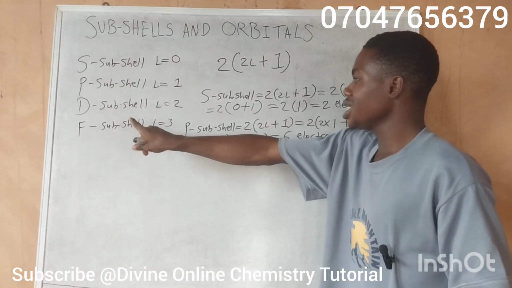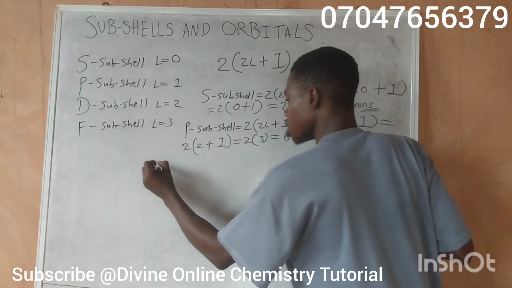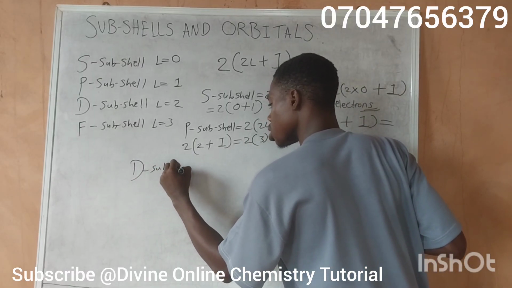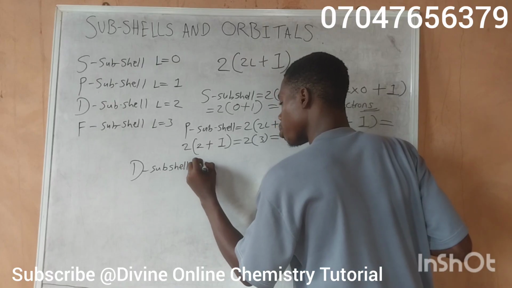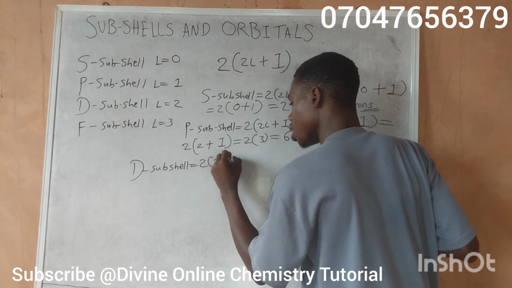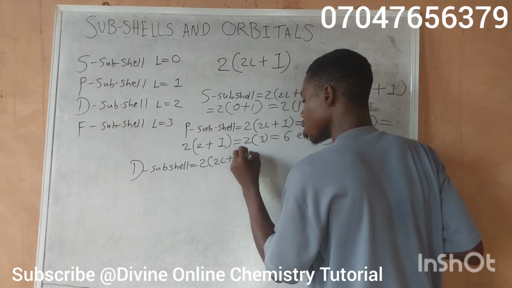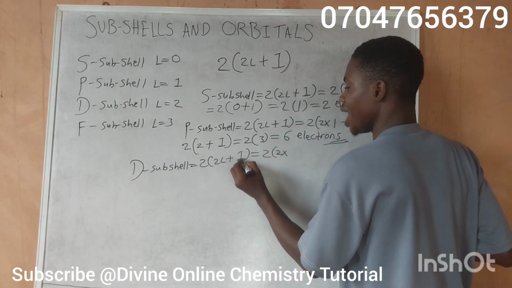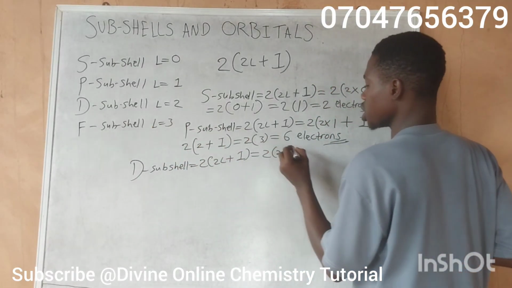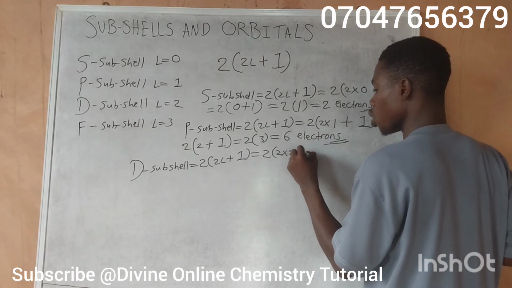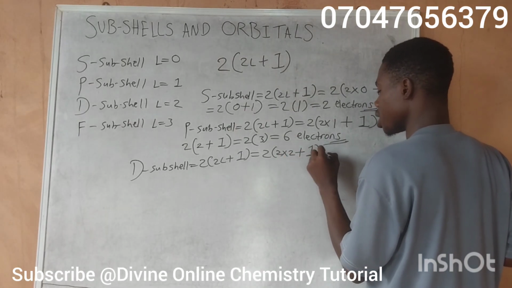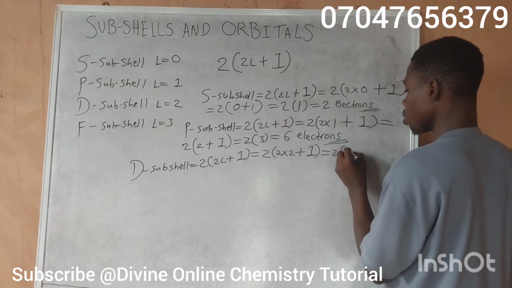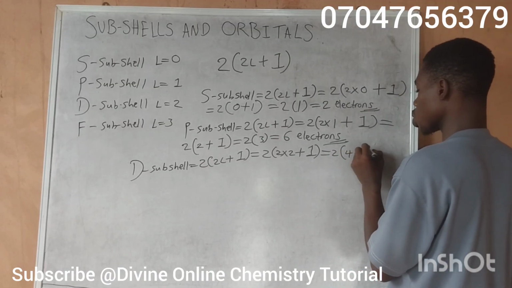And let's calculate for the D subshell. Using the formula 2 into bracket 2L plus 1, equal to 2 into bracket 2 times L. Now L for the D orbital is 2, plus 1. Close the bracket, equal to 2 into open bracket 2 times 2, which is 4, then plus 1 is still there.